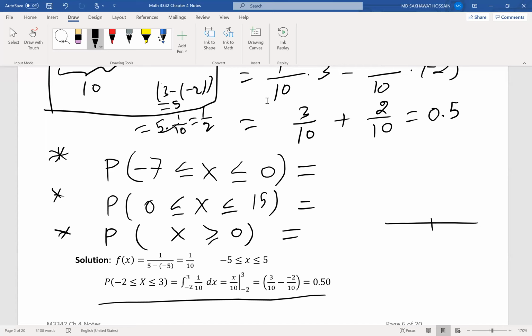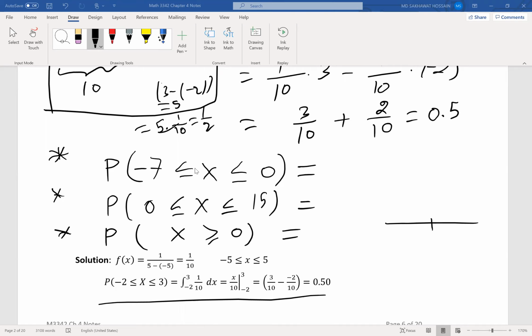Okay, so I got one answer, 7/10. Could you please explain why your answer is 7/10? I think you calculated the length from -7 to 0, but you have to be very careful.